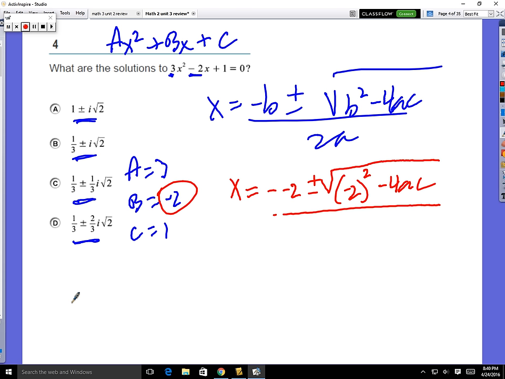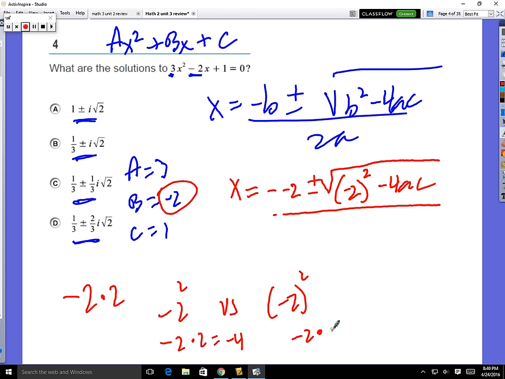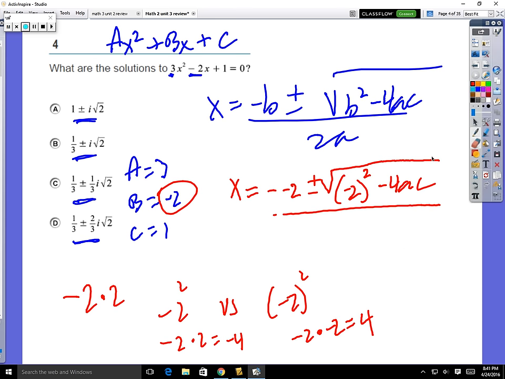There's a big difference in your calculator if you type in negative 2 squared versus (negative 2) squared. The parentheses mean you got to include the negative. If you don't put parentheses, you are not including the negative, and it's just going to be a negative 2 times 2, which is a negative 4. But you got to include the negative, because a negative 2 times itself, a negative 2, we need a positive 4. So don't make that mistake.